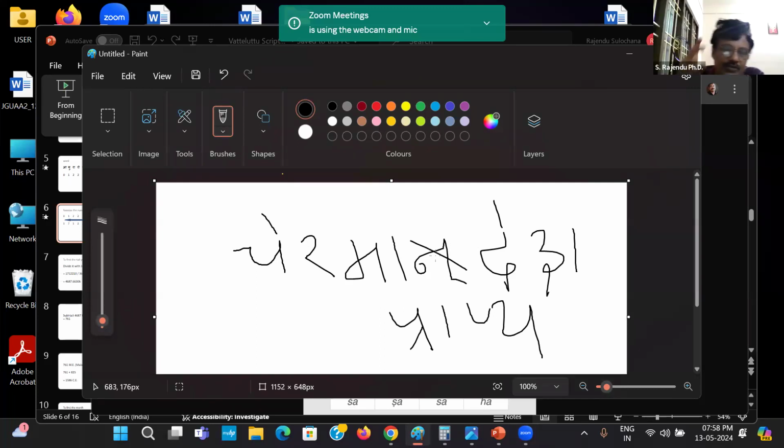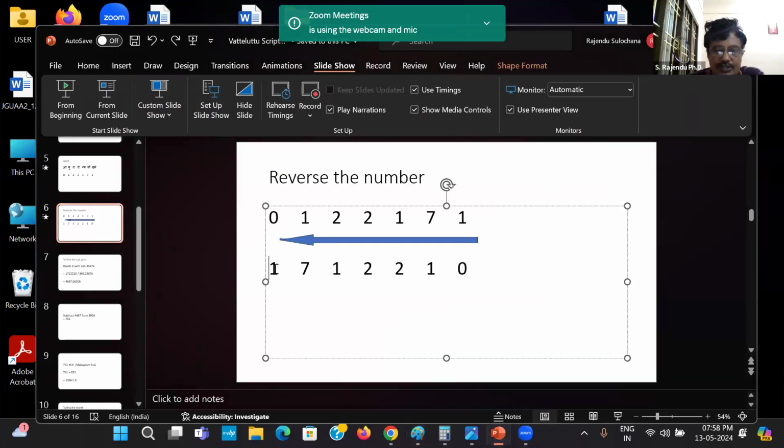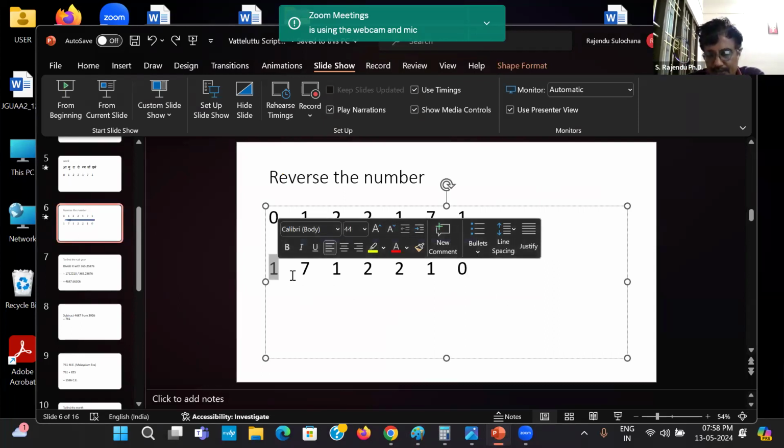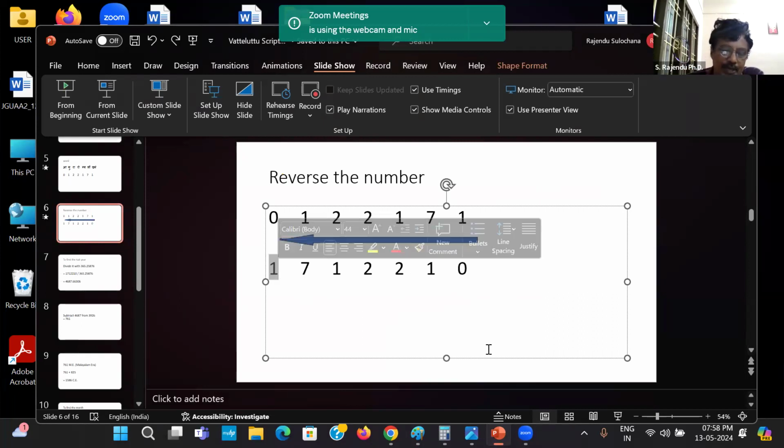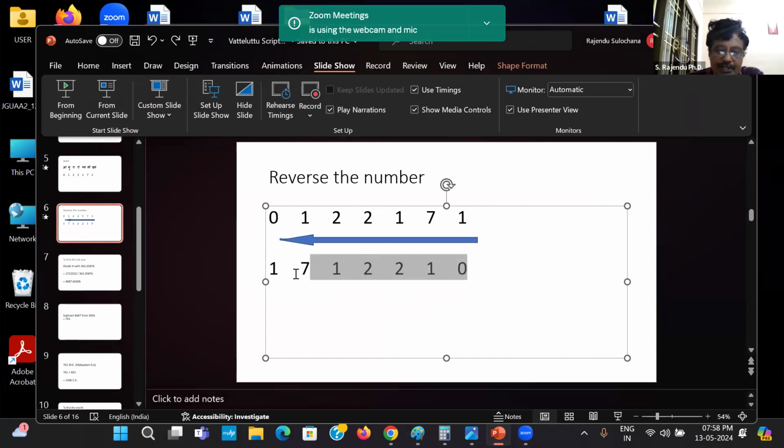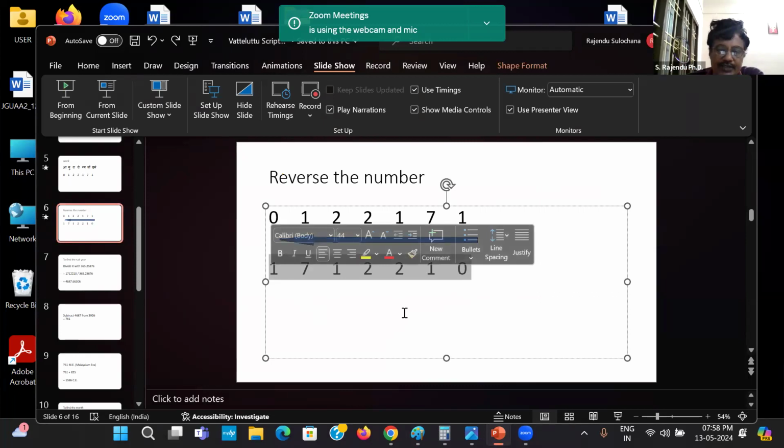There are two preconditions. The first one is that if it is reversed, the first number in the series is 1. That is the first precondition. The next precondition is that it should be at least 7 digits.